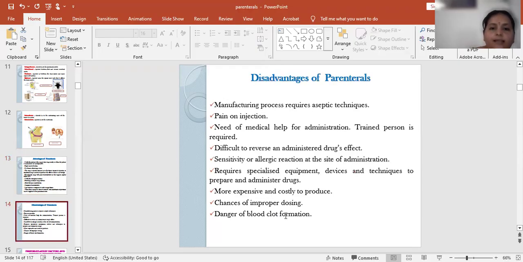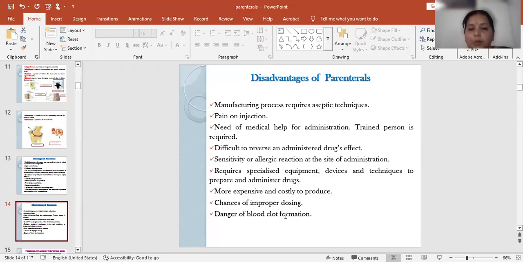Okay, and next, disadvantages of the parenterals. The manufacturing process requires aseptic techniques, there is pain on injection, need of medical help for administration, a trained person is required, and it is difficult to reverse the administered drug's effect. Some patients suffer from sensitivity and allergic reactions.